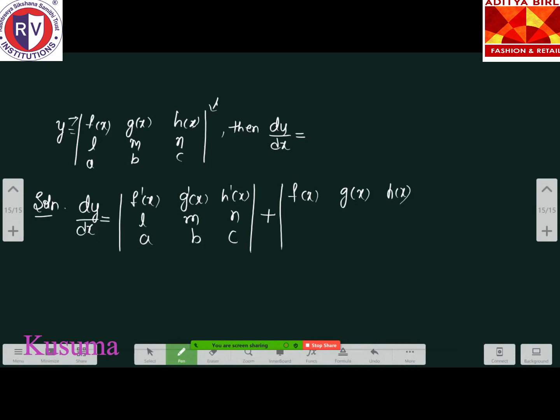Differentiation of L will be 0 because it is a constant. Similarly, differentiation of M and N will be zeros. Write the third row as it is. Again, we have to differentiate only the third row.